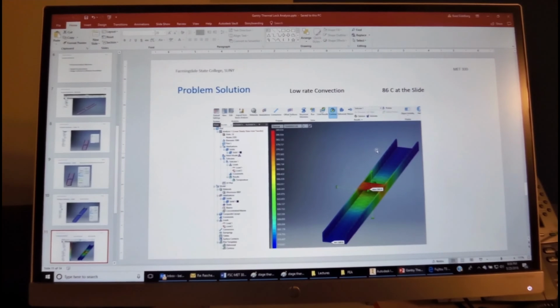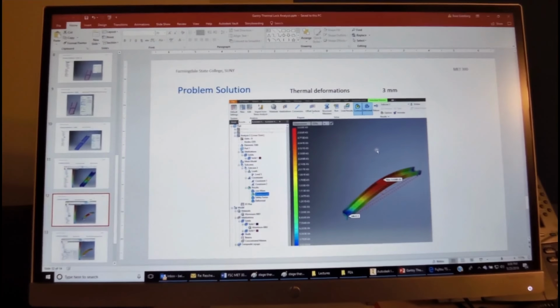We then run the analysis, and what we see is, as expected, when we convert the heat transfer loading, we see that the temperature is high over here at the motor.